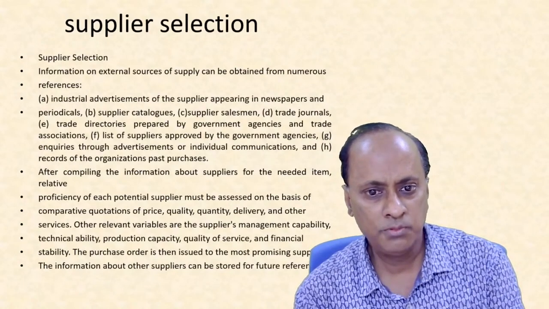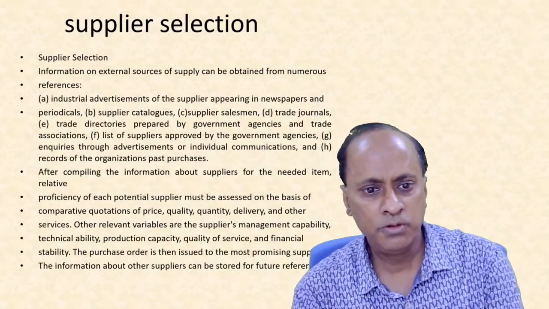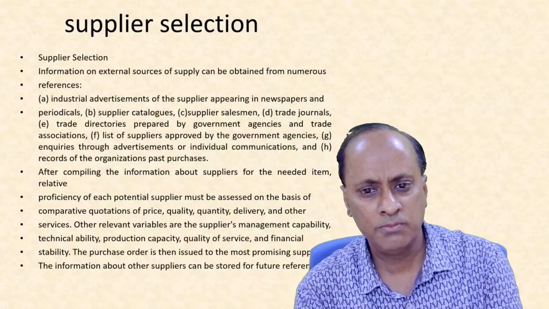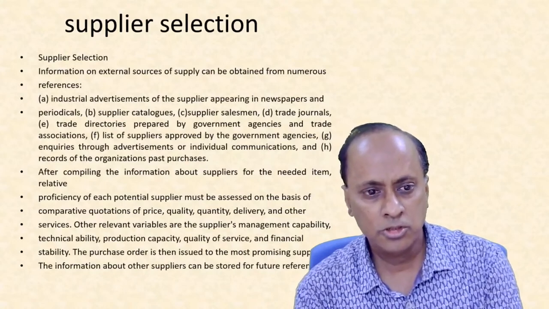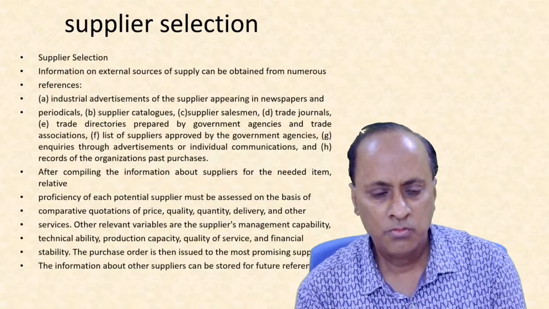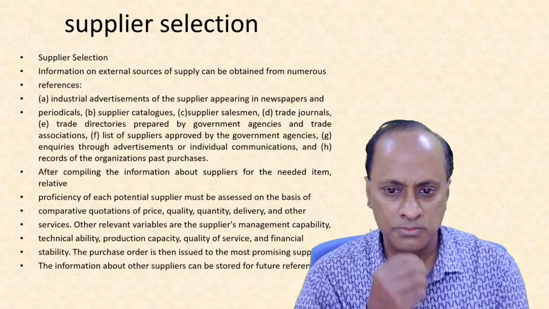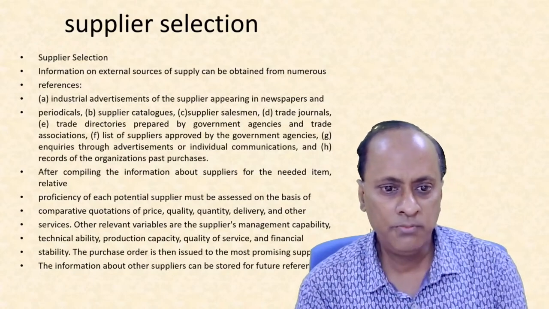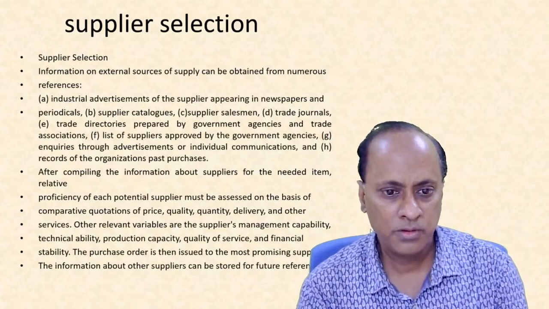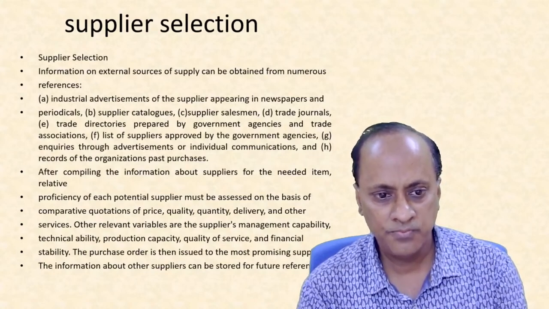After compiling information about the suppliers for the needed item, the relative proficiency of each potential supplier may be assessed. So when you compile the information about the suppliers, we have to study the proficiency of each potential supplier. There must be comparative quotations of the price, quality, quantity, delivery and other services.